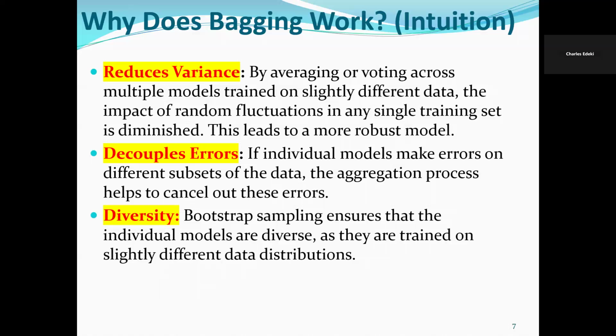Let's say mathematically, if you have k independent random variables, the model predictions with the same variance, the variance of their average will be the variance divided by k. K is the number of models that we are going to build, or even the training data sets that we're going to have.